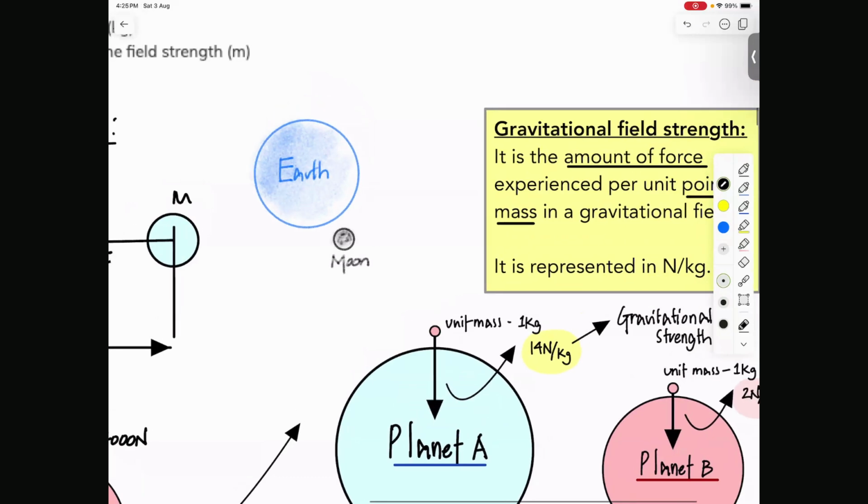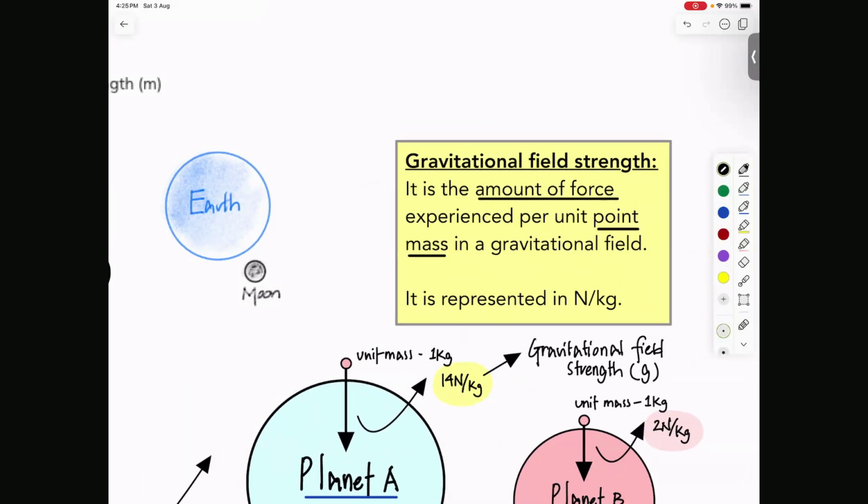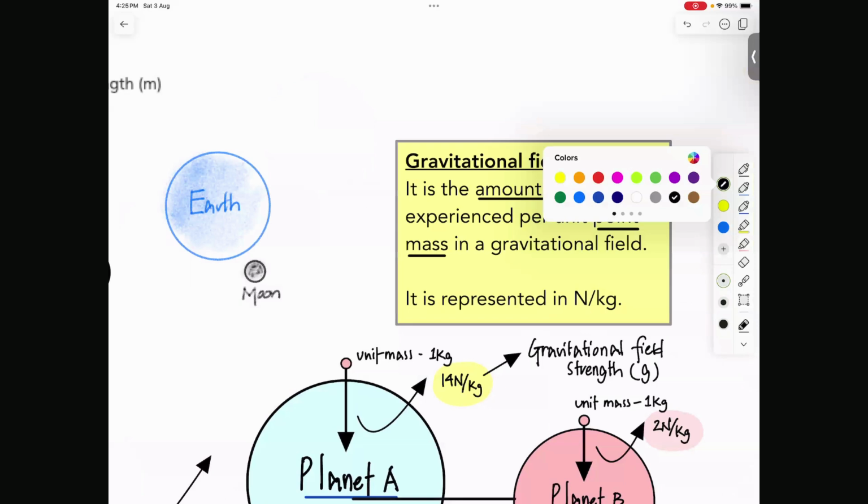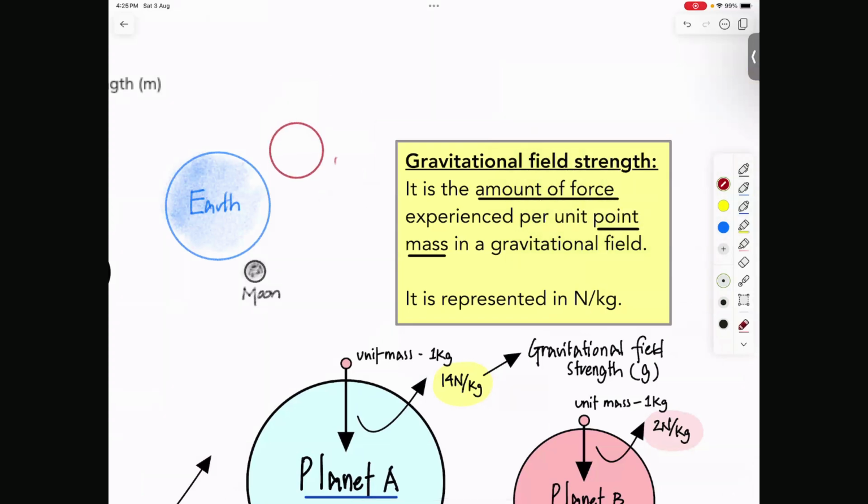And we'll add Mars here. So Mars. Let's try to figure out whose gravity is strong and whose gravity is weak.